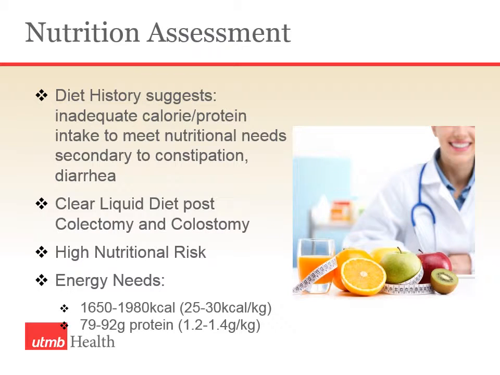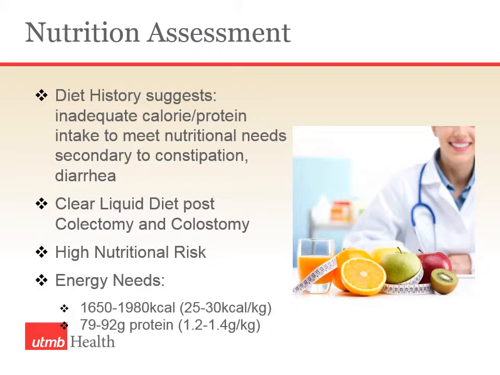So the nutrition assessment: the diet history suggests inadequate calorie and protein intake to meet nutritional needs, secondary to constipation and diarrhea. The patient had ongoing constipation and then diarrhea all of a sudden, as reported upon admit.